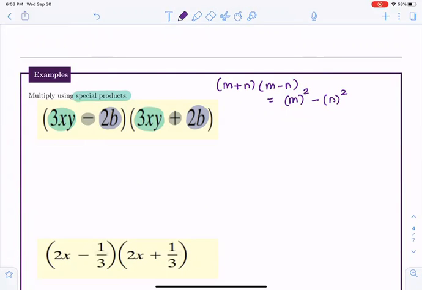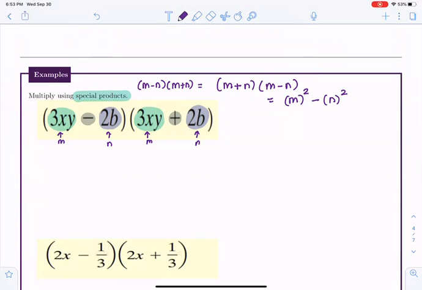So in this problem, m is 3xy and n is 2b, and the signs are different. One has a plus, the other has a minus. You may say, well, I have m minus n first and then m plus n, but keep in mind, when we multiply, the order doesn't matter. So m minus n times m plus n is the same as m plus n times m minus n.